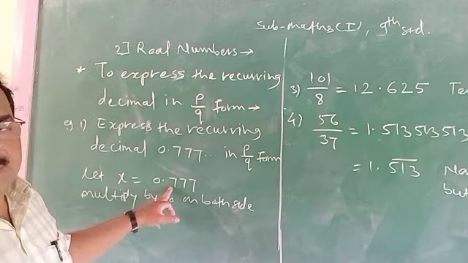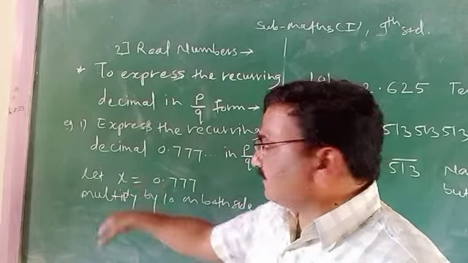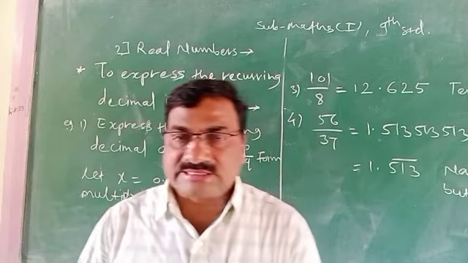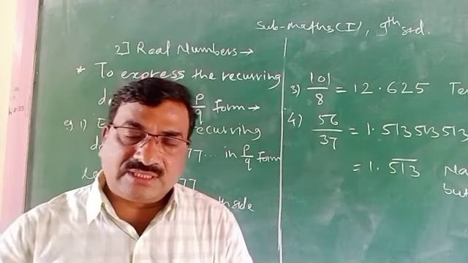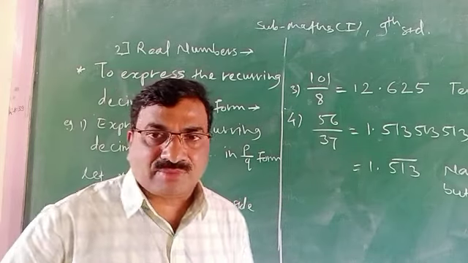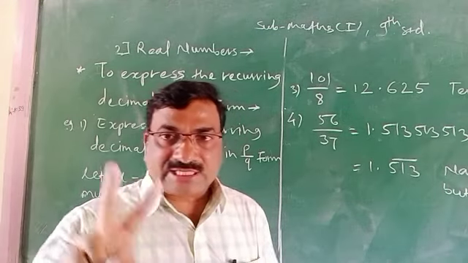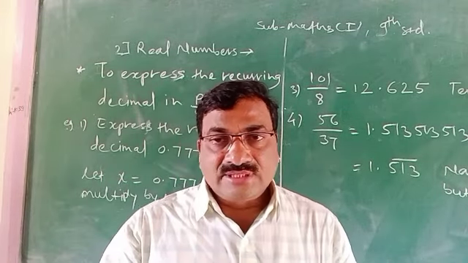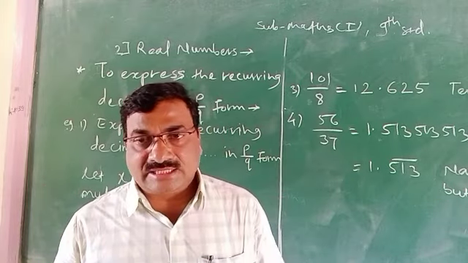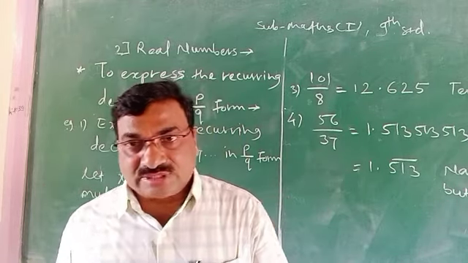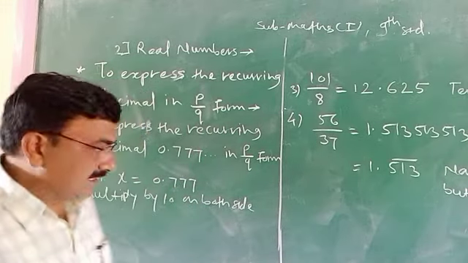Due to which that 7 will transfer towards the left hand side, and we can convert that number into P upon Q form or rational number. That is why one type of digit is multiplied by 10. Suppose there are 2 digits or a group of 2 digits, multiply by 100. If there are 3 digits, multiply by 1000.